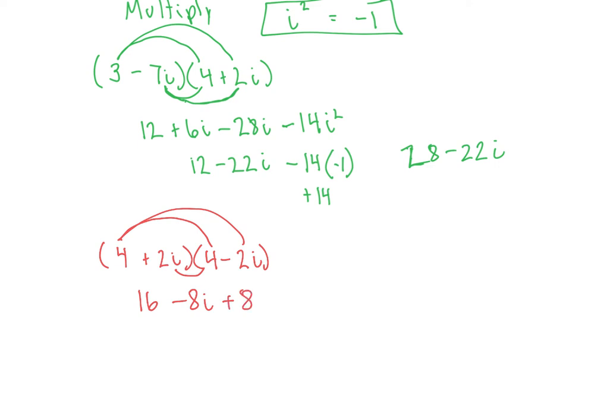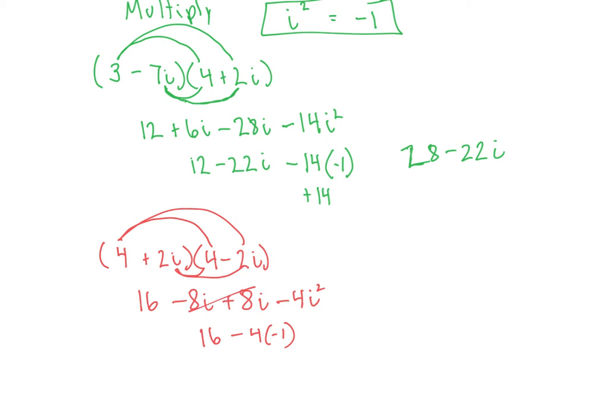So when we multiply complex numbers, the imaginary numbers are going to go away because these cancel, and i squared is negative 1.